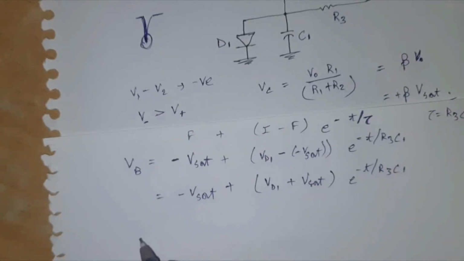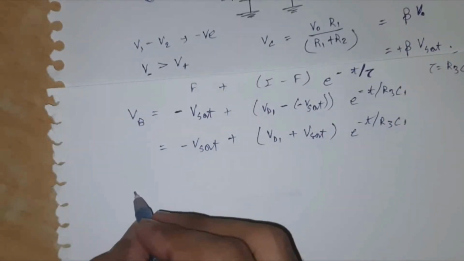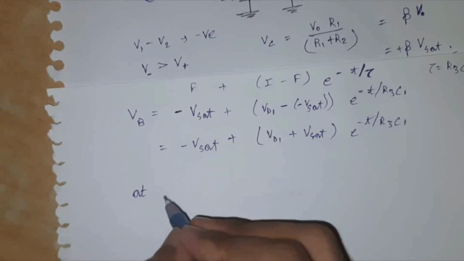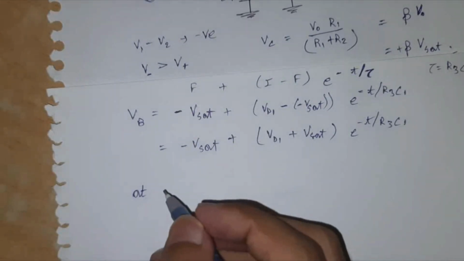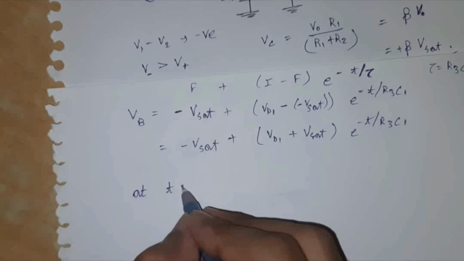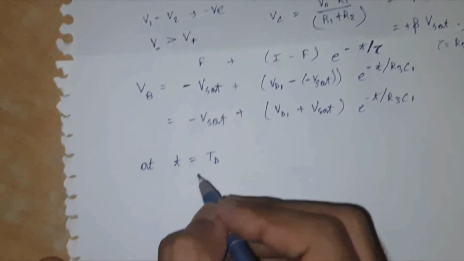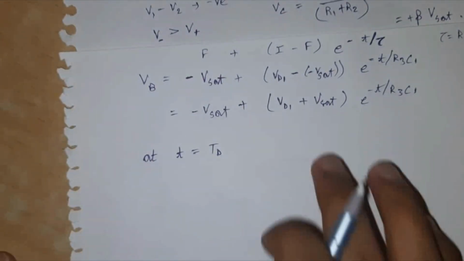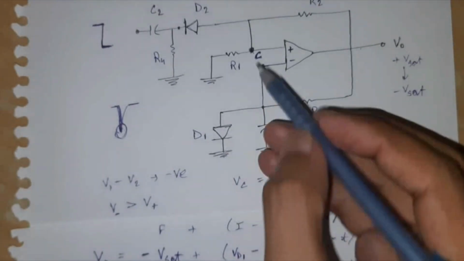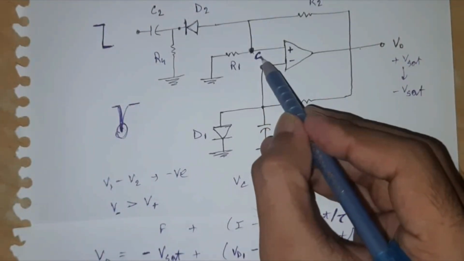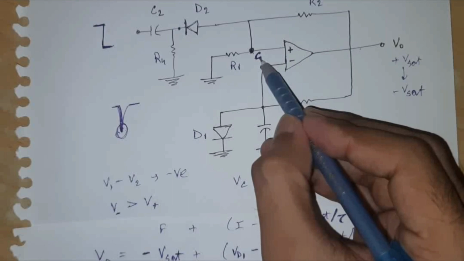Now we are trying to calculate the time TD at which the discharge stops. Let us suppose that t is equal to TD. Right now this point C is at minus beta VSAT.